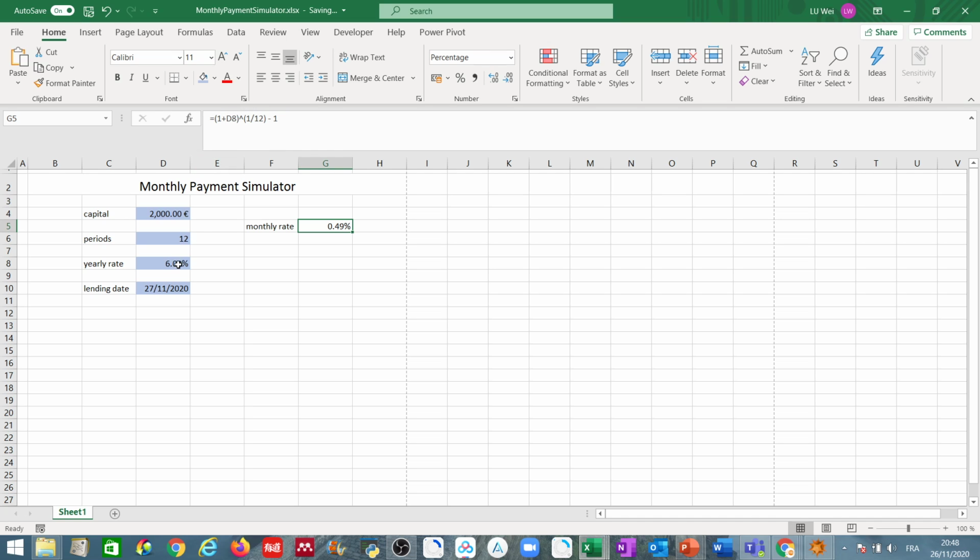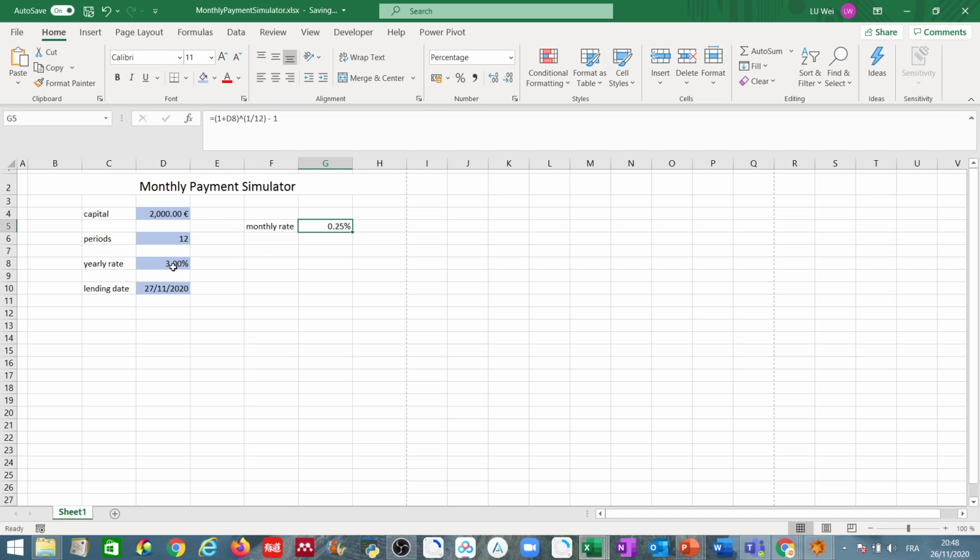For example, it's 6%, and it would be 6% here in this formula. And if we change it to 3%, the D8 value here would be 3%. So we have only referred to this cell, not the value of 3%.